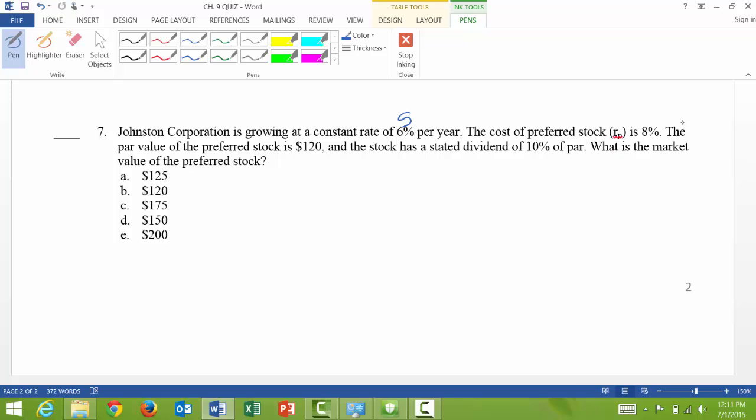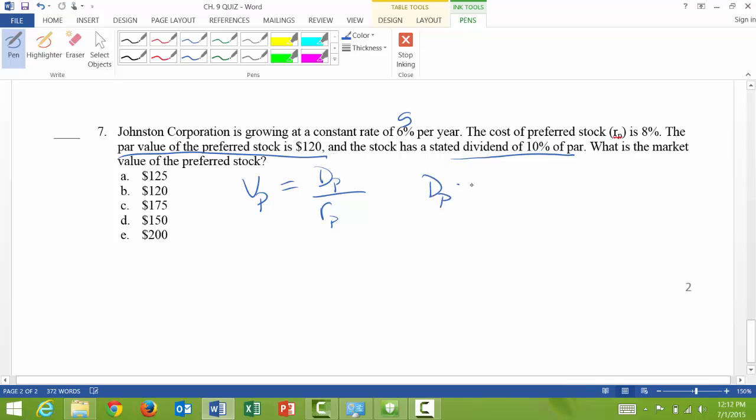So first, if we're trying to find the value of a stock, the equation that we need is the value for preferred is equal to the dividend, remember it's the annual dividend for preferred, divided by the rate for preferred. We don't have the dividend for preferred, but we have a stated dividend of 10% of par, and the par value of the stock is 120.